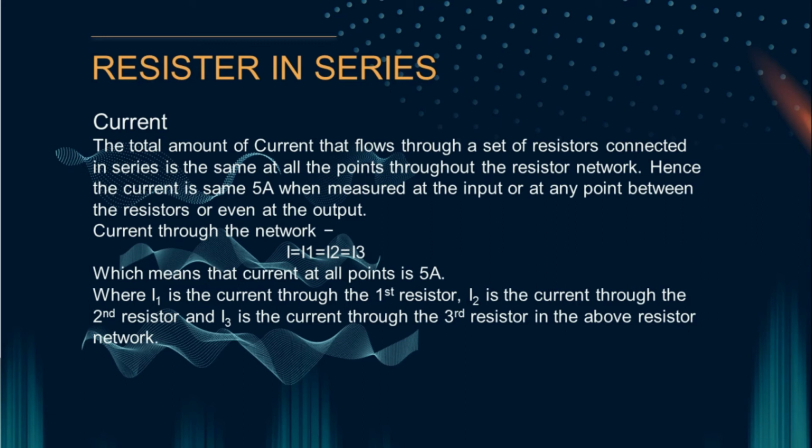Current through the network: I equal to I1 equal to I2 equal to I3, which means that the current at all points is 5 ampere, where I1 is the current through the first resistor, I2 is the current through the second resistor, and I3 is the current through the third resistor in the above resistor network.